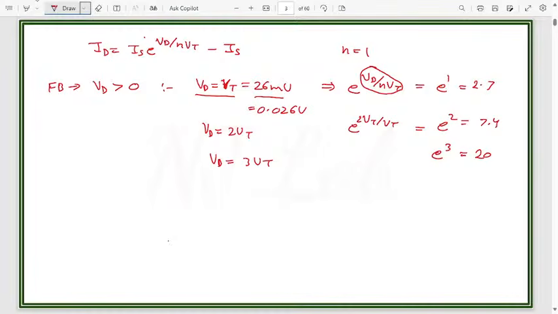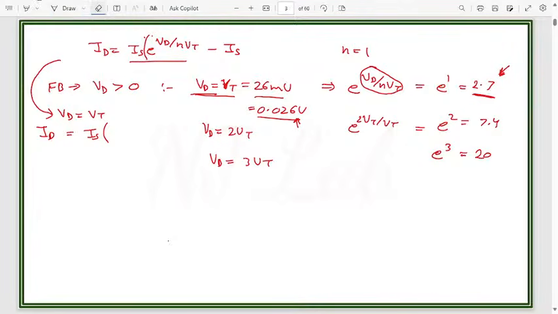So now if we look at these values, we get 2.7 just when Vd is too small, just at 0.026 volt, we are getting e power 1 as this, right? So if we substitute this value in this formula, for Vd equal to Vt, let me take the brackets in.